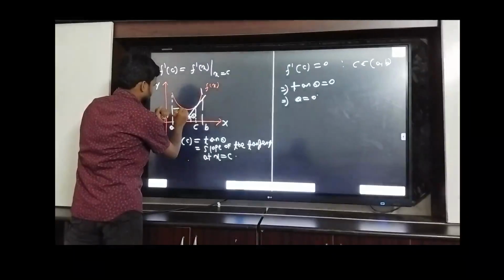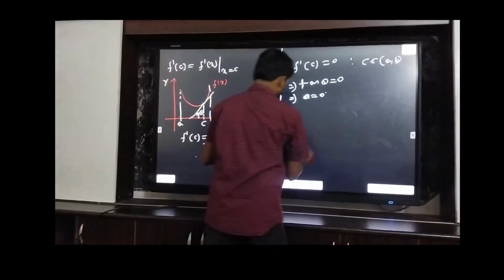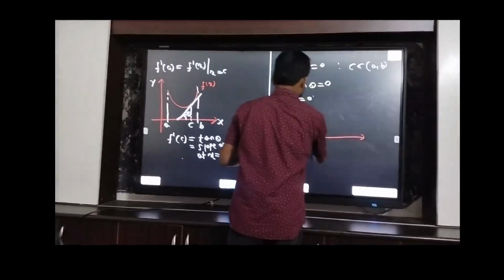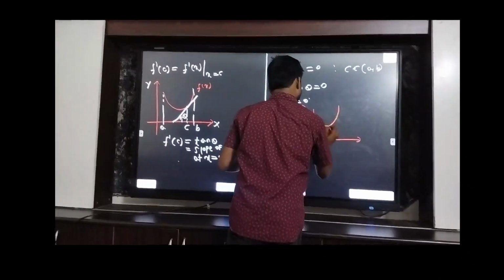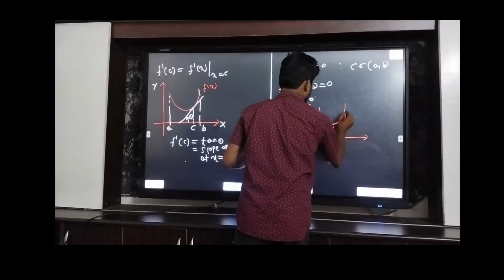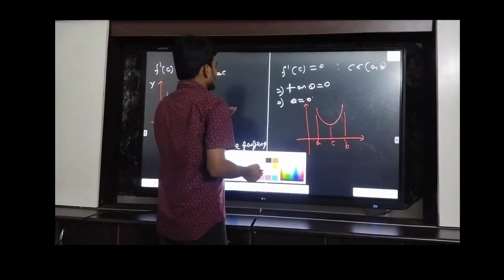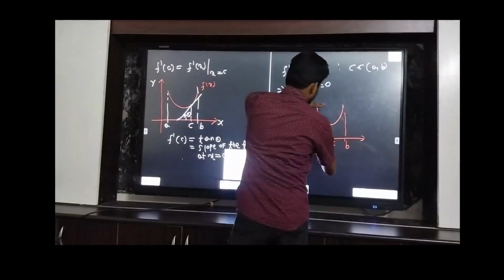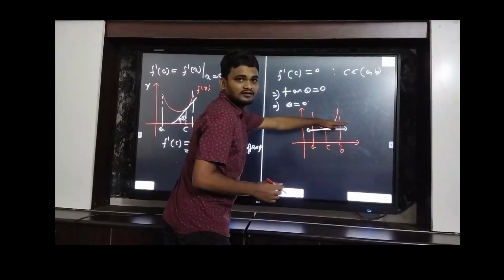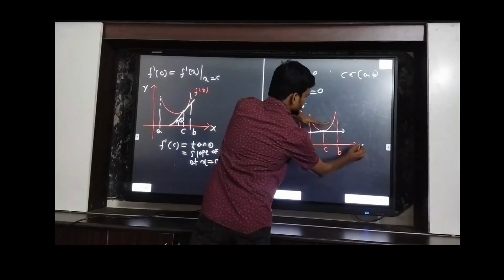Like C, A, B, then theta is equal to 0. That means the angle made by the tangent at point C is parallel to x-axis.